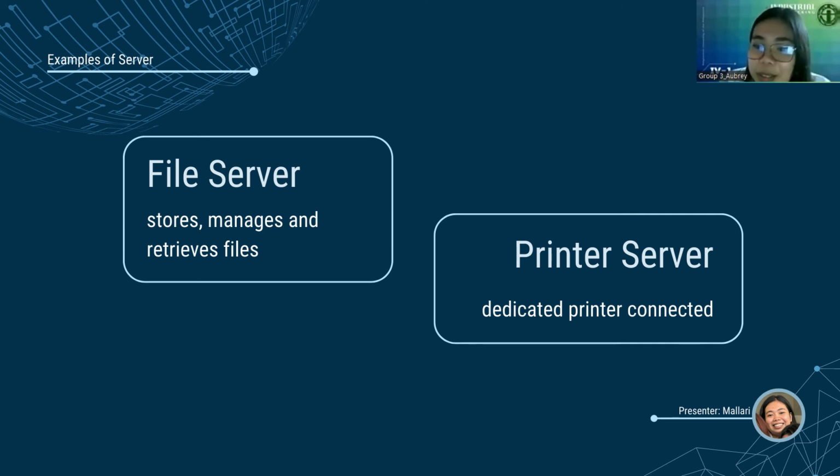So mapapansin natin to sa mga computer shops, 'di ba? Yung mga ibang computer shops, meron silang two or more printers. So, pag yung dalawa doon may piniprint, sa mismong computer host is sasuggest yun na sa pangatlong printer na natin siya i-print because yun walang ginagawa. So, yun yung trabaho ng printer server.